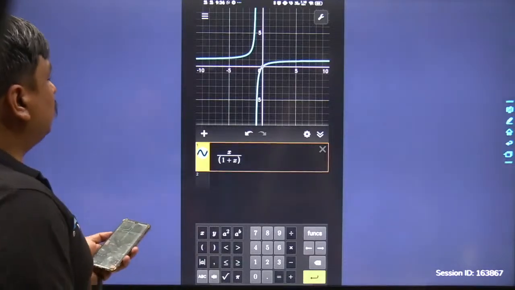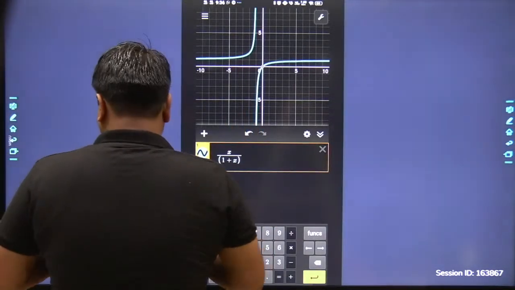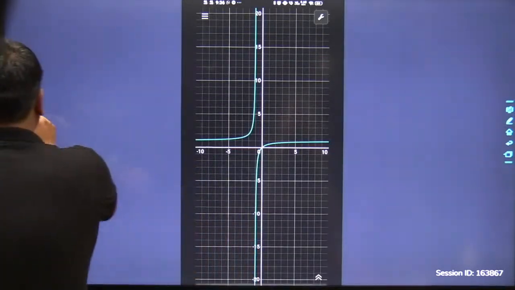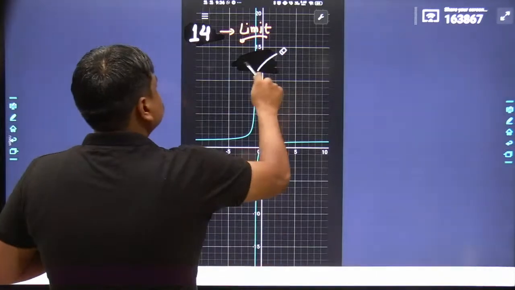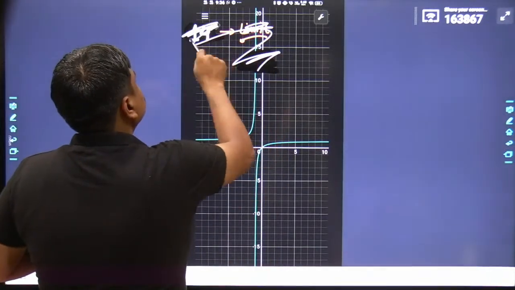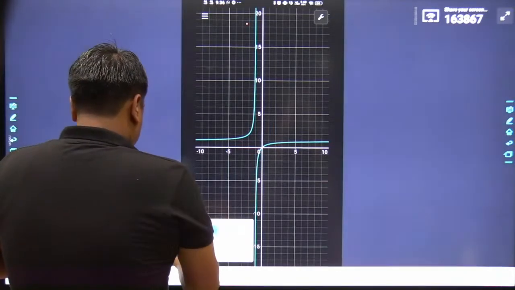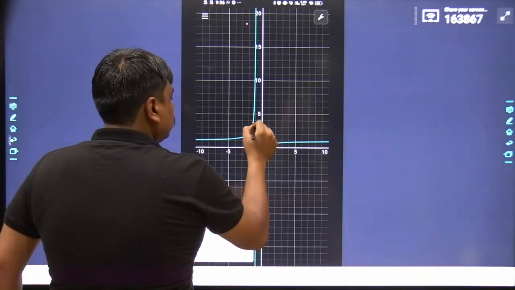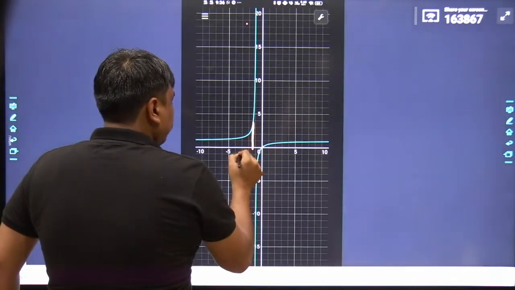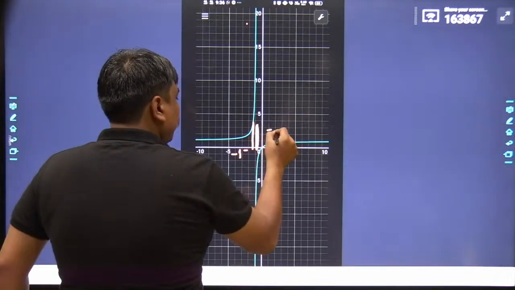You yourself would be able to understand. At x equals minus 1, yes. It is x equals minus 1 minus, and minus 1 plus.